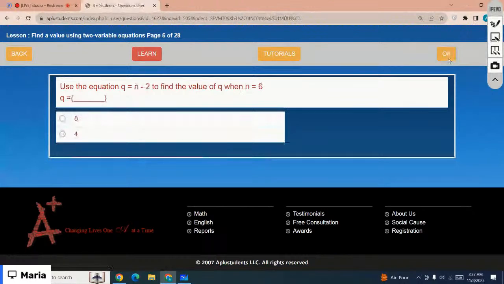Use the equation q equals n minus. Correct option is 4, right?